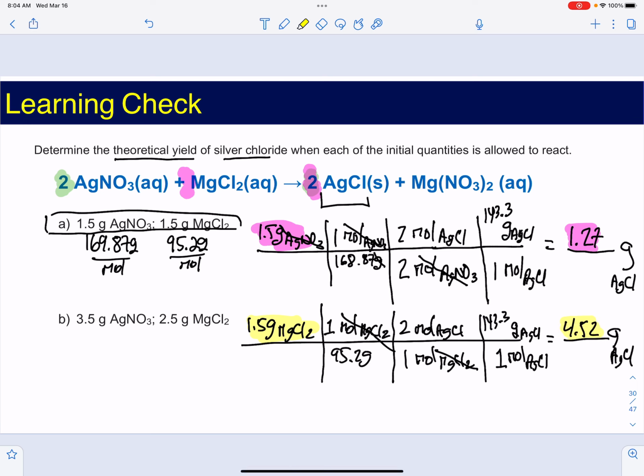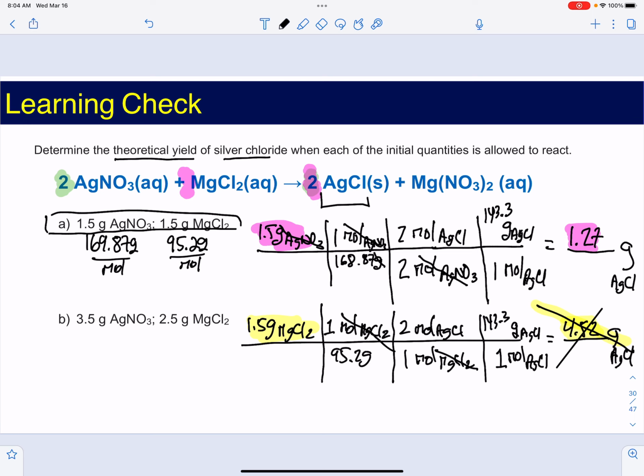Obviously, the least amount is 1.27, so the silver nitrate would be our limiting reactant because it's the one that produces the least amount, which means we will never be able to produce 4.52, because by the time you want to use all the magnesium chloride, the silver nitrate that you need is going to be already gone.